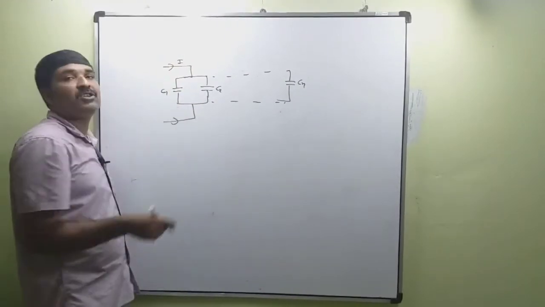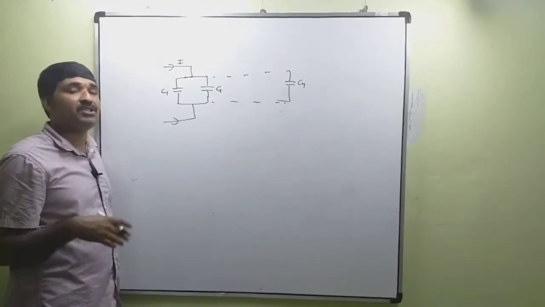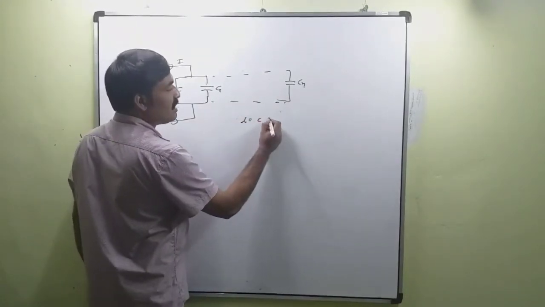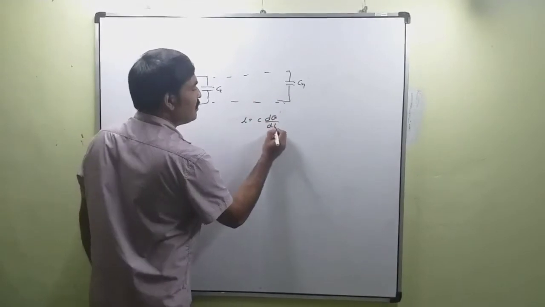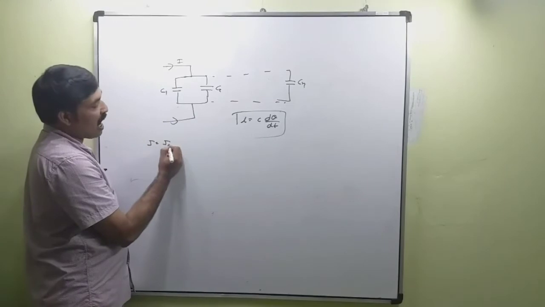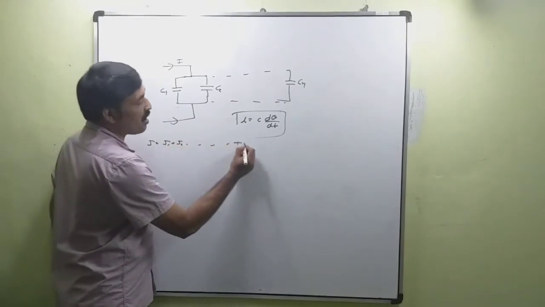Since this connection is parallel, the voltage across each capacitance is the same. Current through a capacitor I is equal to C dV by dt. So total current I is equal to I1 plus I2 up to IN.